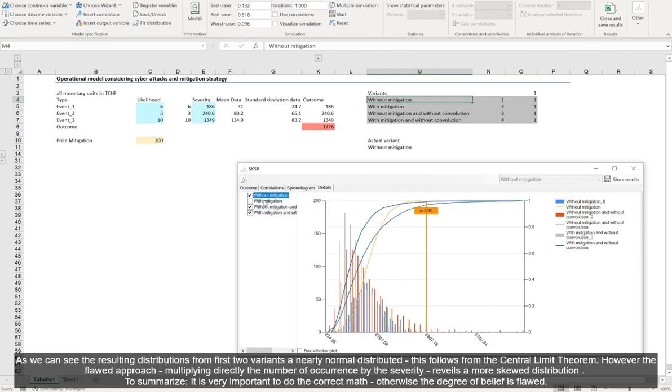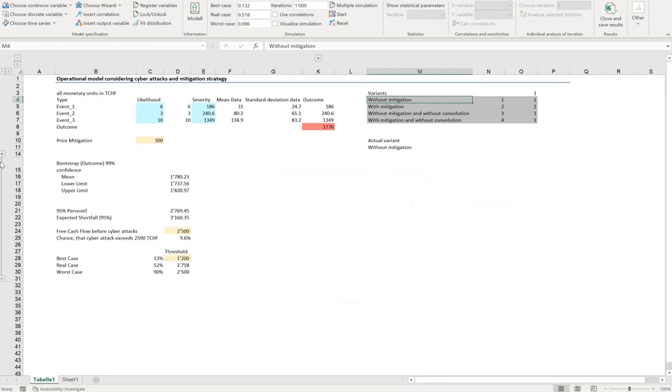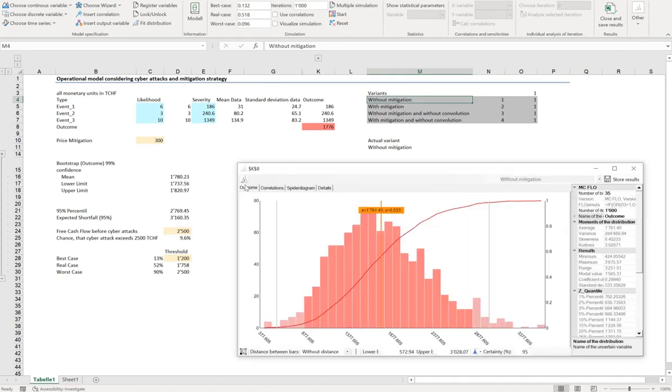So what is the corresponding result? First of all, what we have to do is some math or some calculations. So assume that we have here the strategy without mitigation. We can see that there's a nearly 10% probability that the cyber attacks exceed 2.5 million Swiss francs. 2.5 million Swiss francs is a threshold that we have defined considering our free cash flow before cyber attacks.